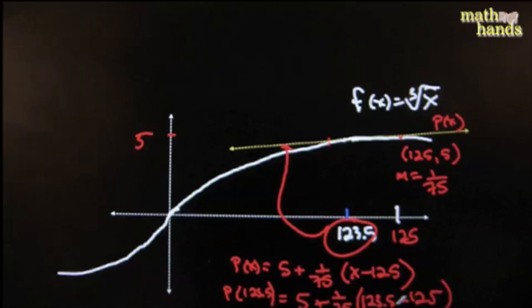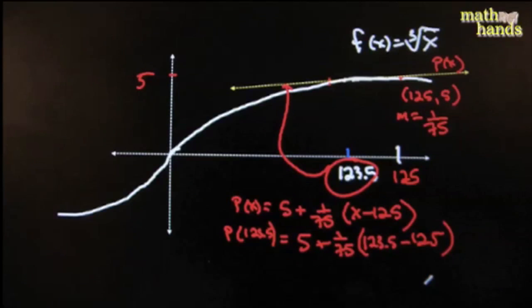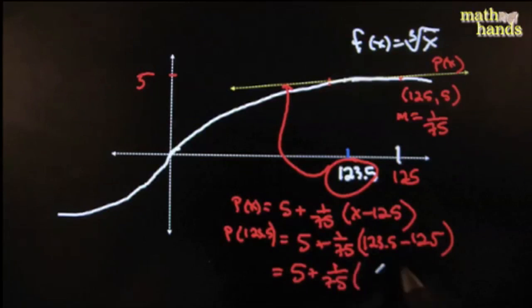You got 123.5 minus 125. I think we need more room there. That becomes 5 plus 1/75 times negative 3/2. That's negative 1.5. That becomes 5 plus negative 3/150.